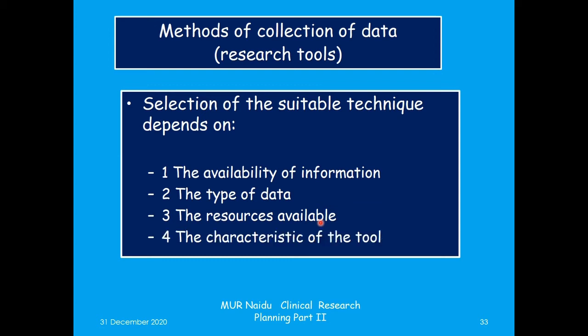And the fourth one is the characteristics of the tool, whether they are well standardized and validated. Because the research tools used in a clinical trial must be standardized and validated, otherwise the data may not be very fruitful.